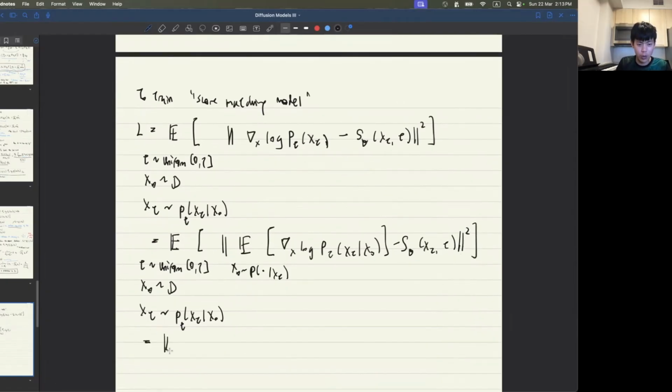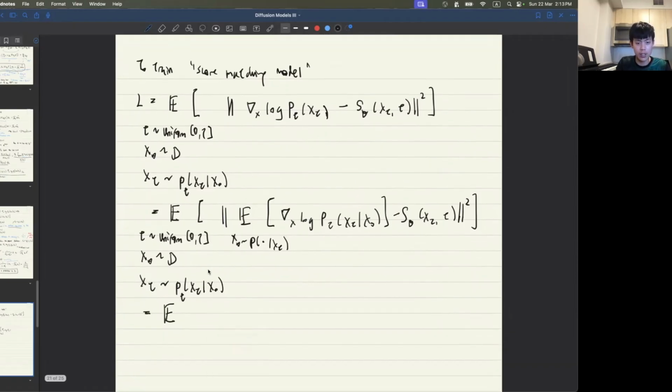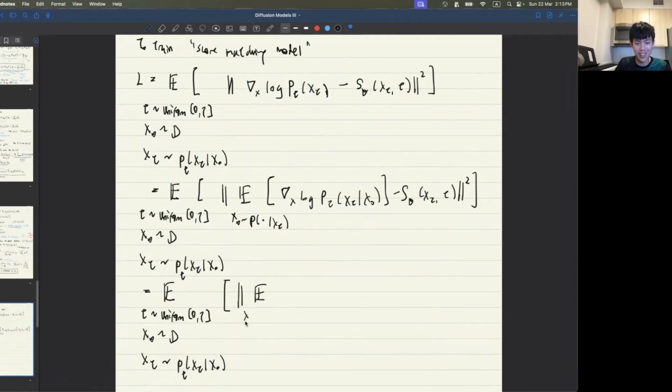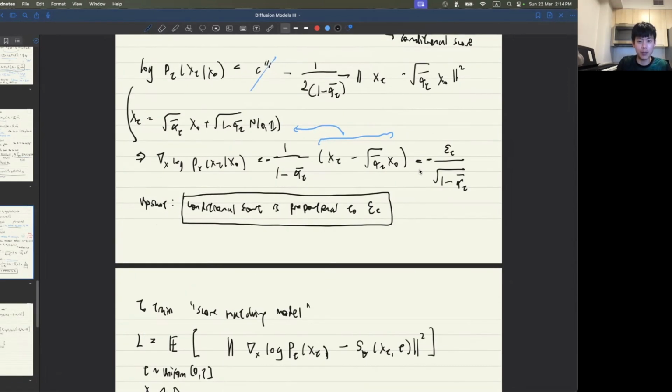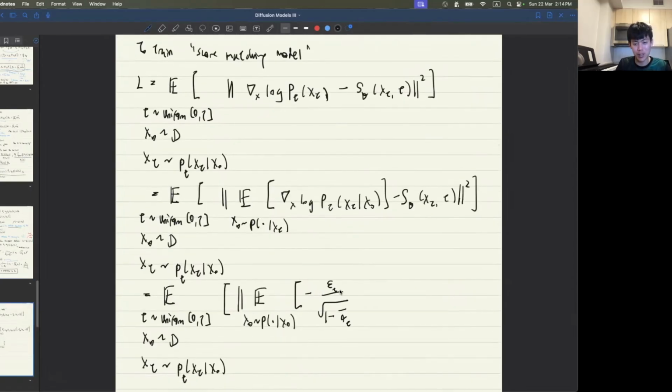And this is equal to, well, since we have calculated what is inside the expectation, let us just use the result. The expectation of x0 over the posterior distribution of, so sorry, I forgot a minus over here, but this is going to be the posterior expectation of minus epsilon t over square root 1 minus alpha t bar, minus s theta xt, squared.